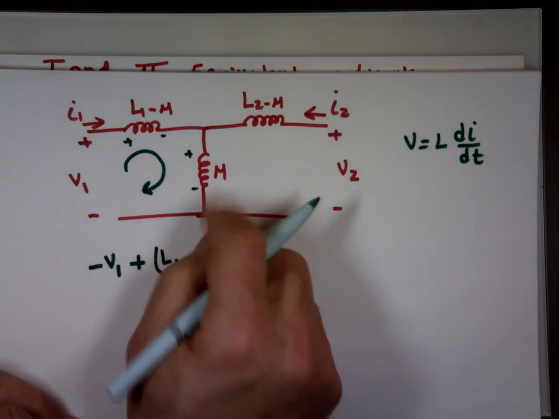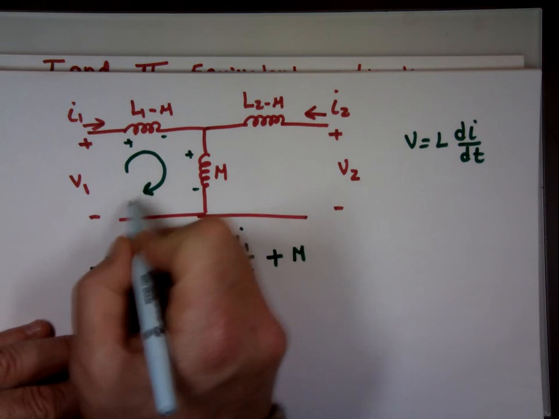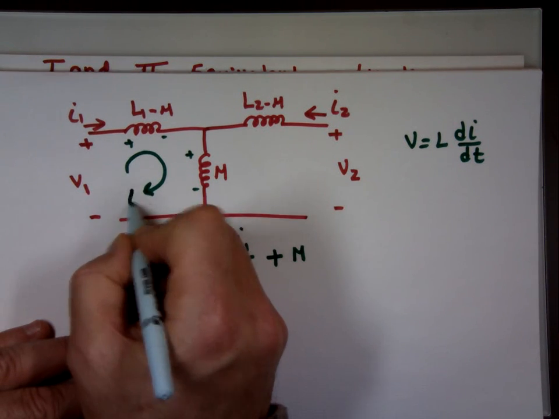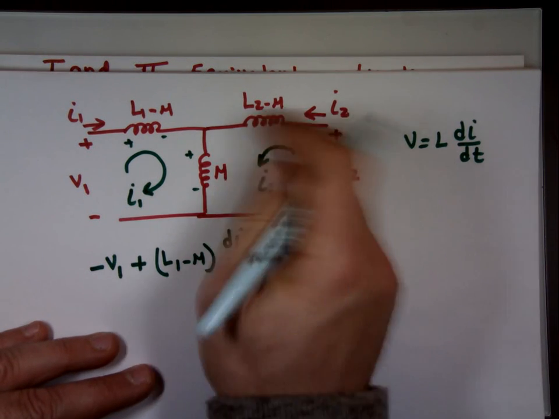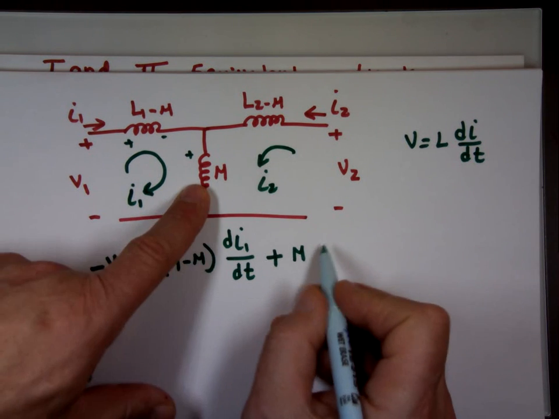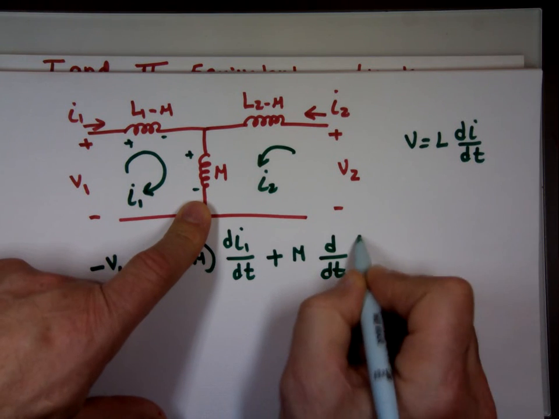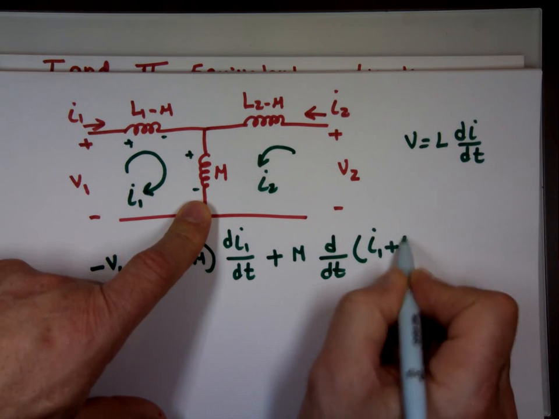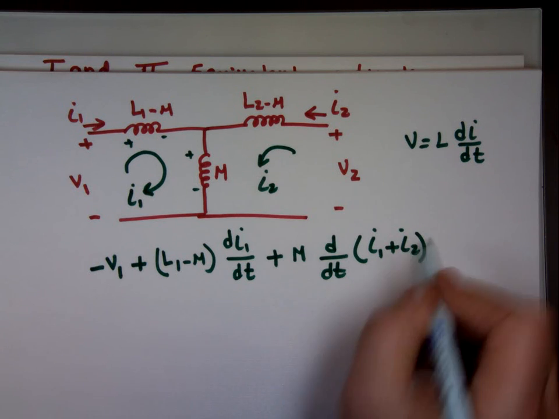The mutual inductance, M, times the current down. I define I sub 1 going in, right? And I sub 2 is coming this way. So this will be M times d/dt of the current going through, which is I sub 1 plus I sub 2. Do you agree with that one? All of that equals 0.